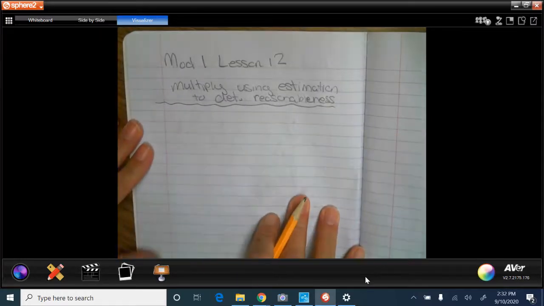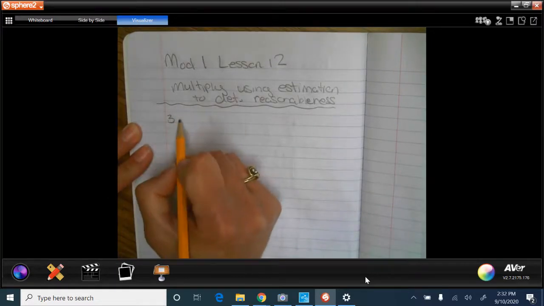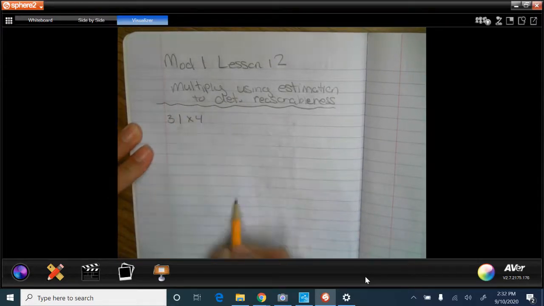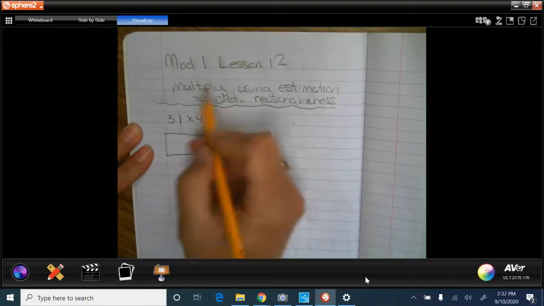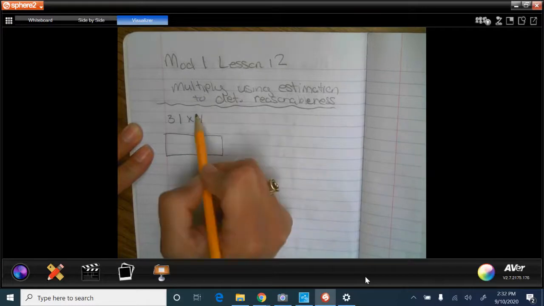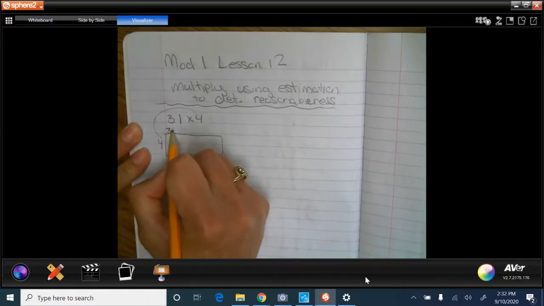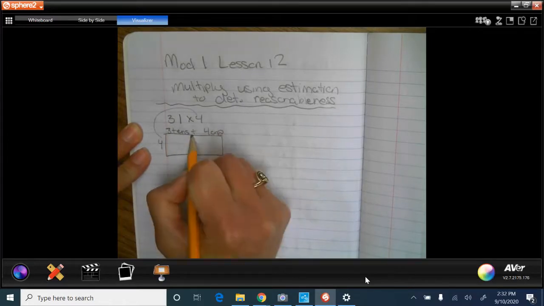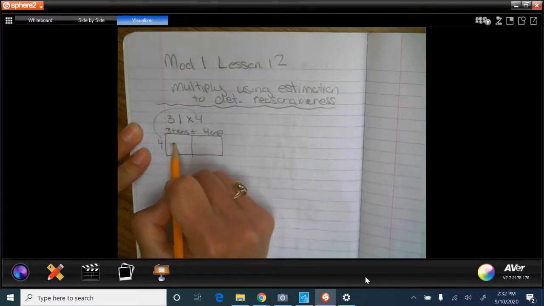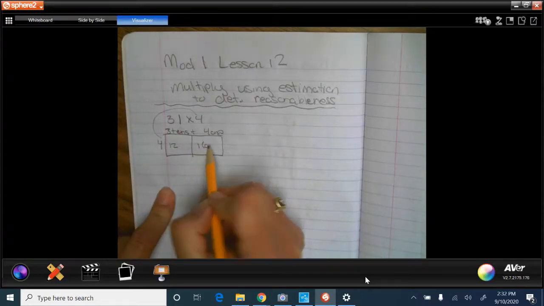So let's think a little bit about what that looks like. Suppose I was looking at 31 times 4, and I had to do it in an area model. Well, I told you that the 4 goes here, right? And I have 3 tens and 4 ones. And then I would do 3 times 4 is 12, and 4 times 4 is 16.